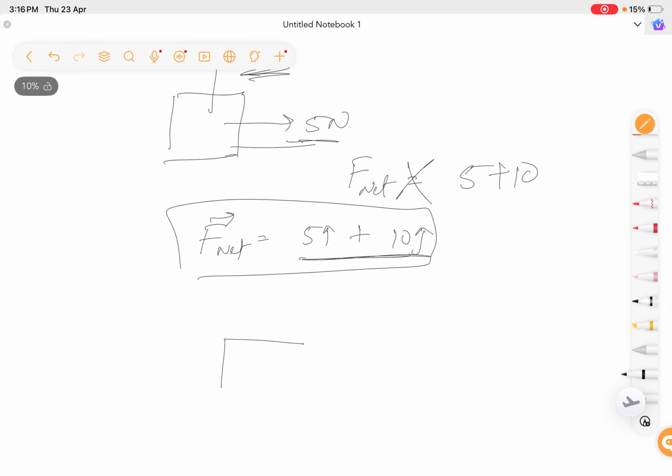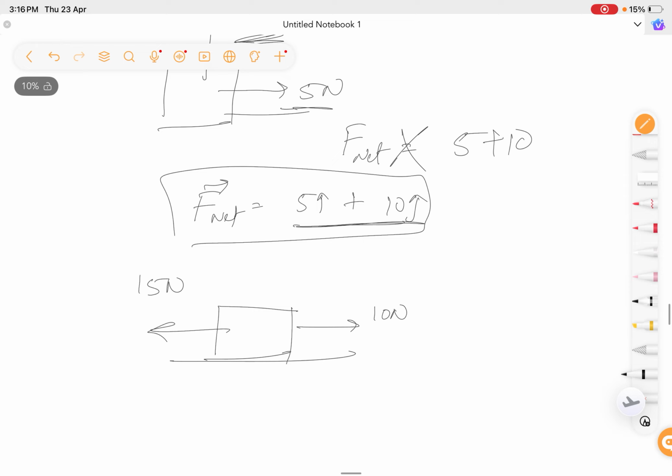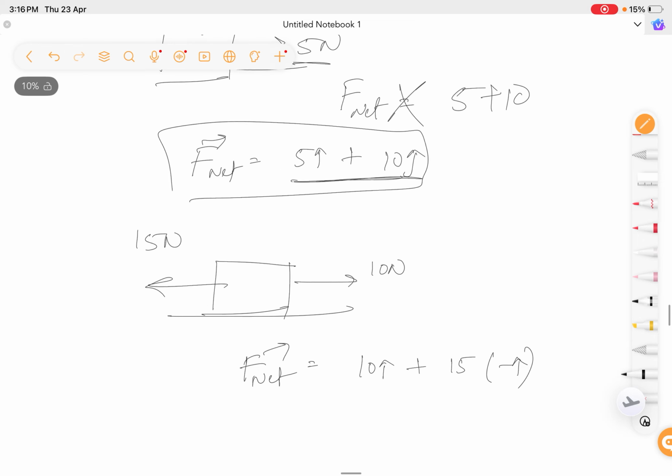Okay, let's go with another example. Suppose a 10 newton force is acting this side and a 15 newton force is acting along this side. What is the net force now? The net force is 10 I cap plus 15 acting towards left, so it is minus I cap.